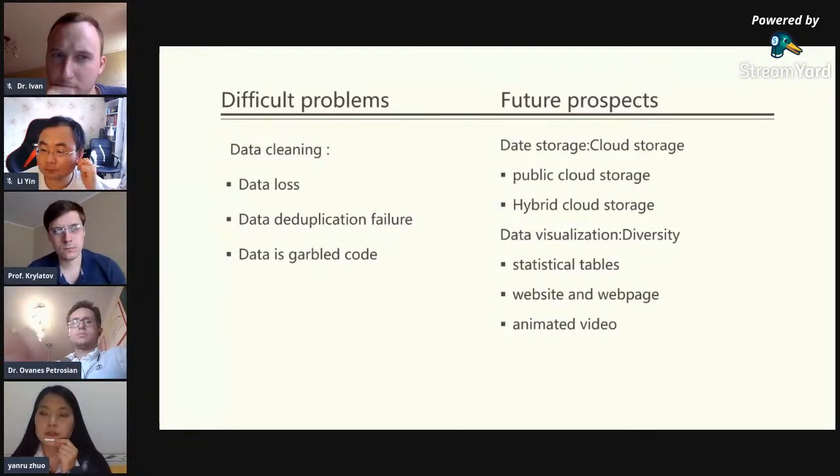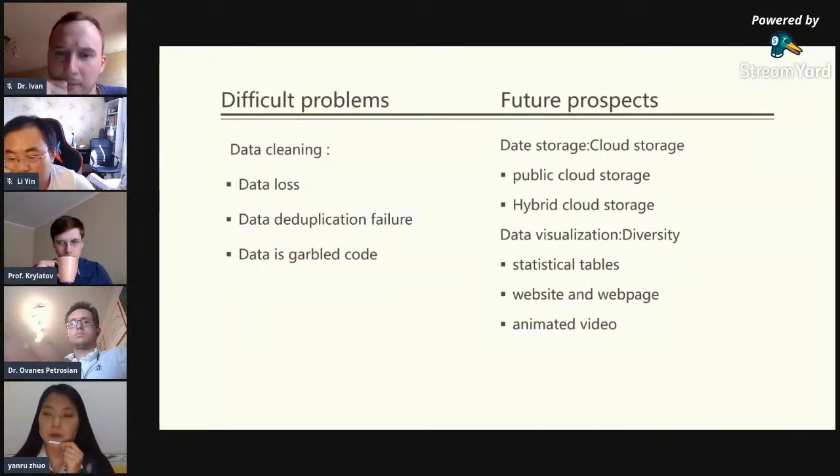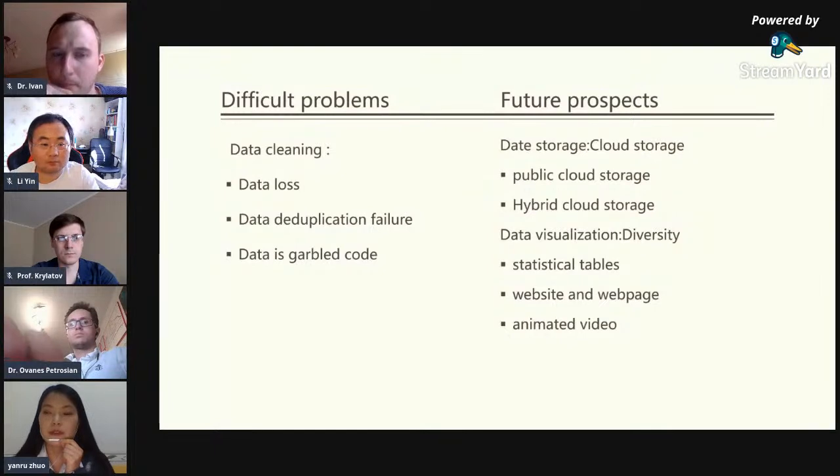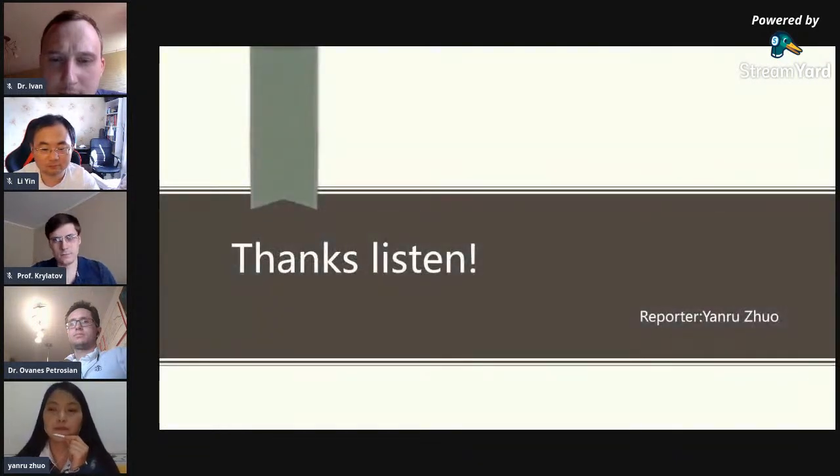Data visualization, diversity. At present, all results are presented to employers in the form of statistical tables and analysis, but there are many forms of data visualization, so we should not stick to statistical charts and text, and should find interesting new forms to satisfy customers. That's all for my report.